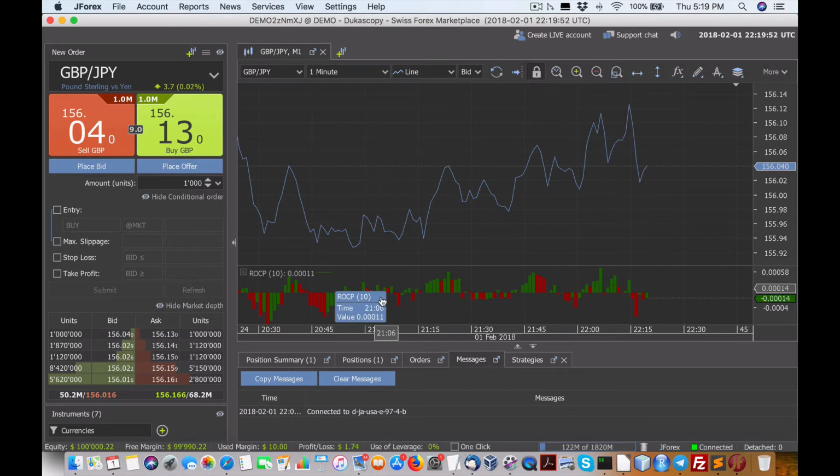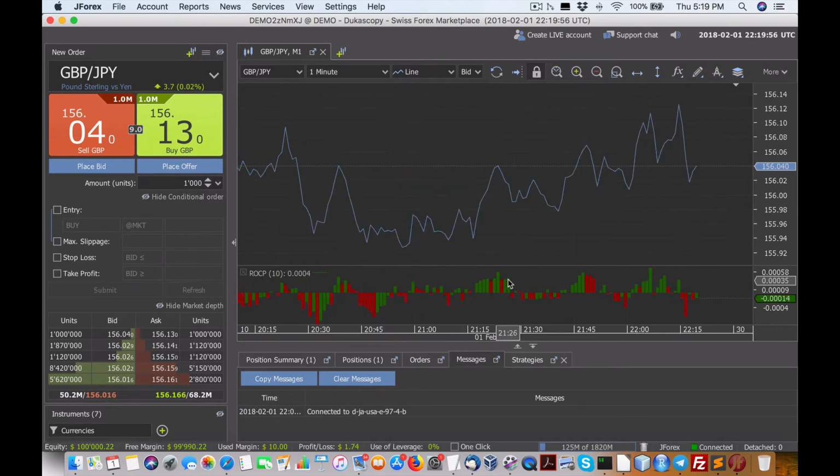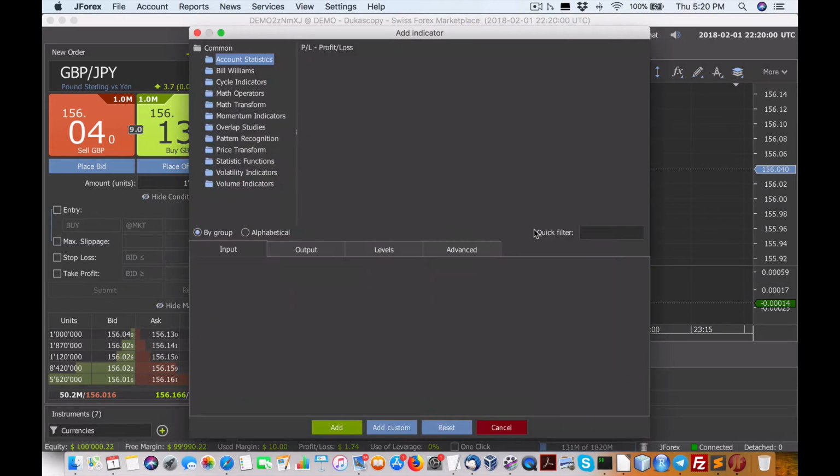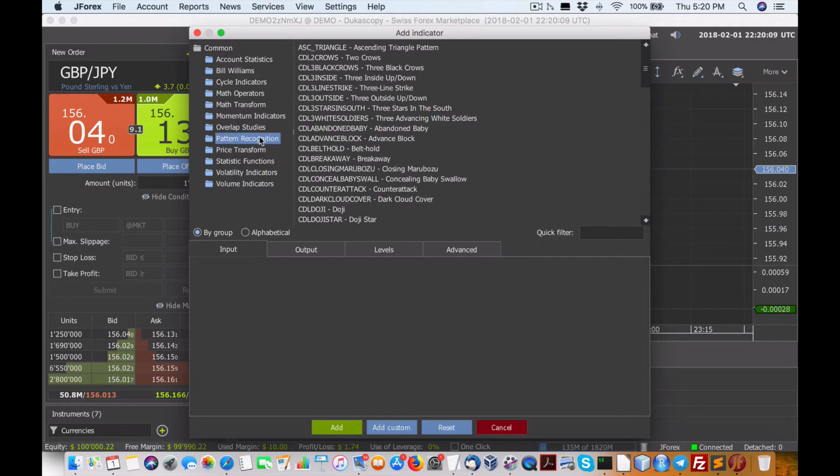So let's check out our indicators and see what else we can have for momentum, because I just wanted to discuss this with people. The volatility is another one. Pattern recognition, I have no idea.